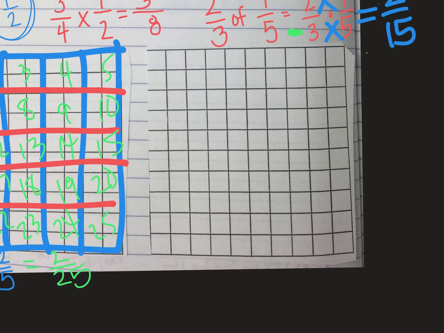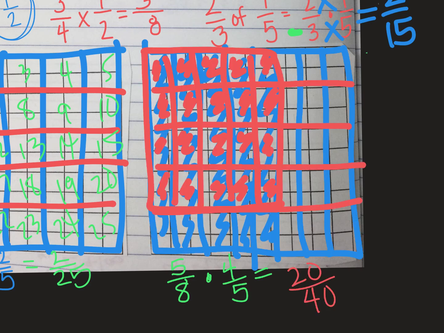So you are going to do 5/8 times 4/5. See what you get. Pause the video and try it on your own first. Okay, so here's what mine would look like. And my answer is going to be 20 out of 40.